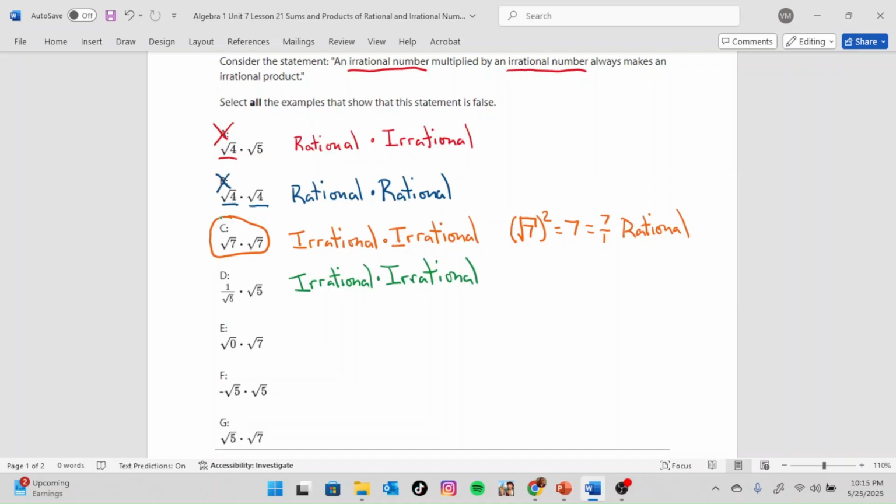But if we did that, 1 over the square root of 5 times the square root of 5 would equal the square root of 5 over the square root of 5, and anything divided by itself is 1. 1 can be rewritten as 1 over 1, therefore it is rational, and D would also prove the statement false. We took two irrational numbers, we multiplied them together, and we got a rational product.